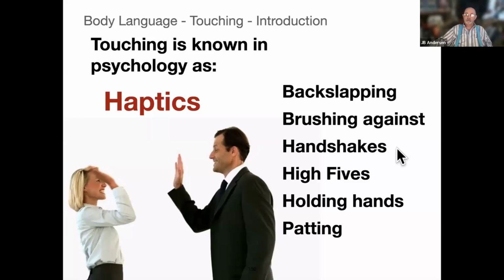Often it's a quick handshake. It's a more sustained handshake. It can be light touch or more dramatic touch. High fives, the image here, couple people giving high fives, you slap hands, holding hands for a short while, patting somebody, patting them on the shoulder or the arm. This is haptics, this is touching.